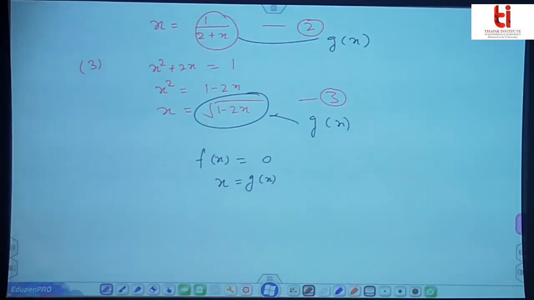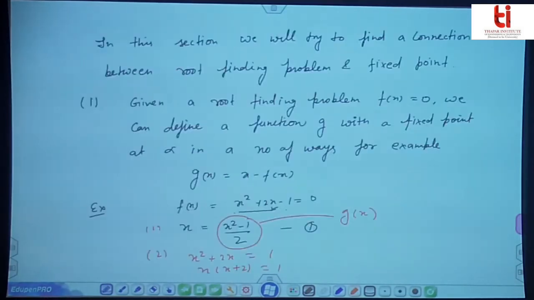We have to compute x from f(x) in such a way that we get some function of x that we name g(x). So there are infinitely many ways to express f(x) = 0 in terms of x = g(x). This is the thing we have written here.